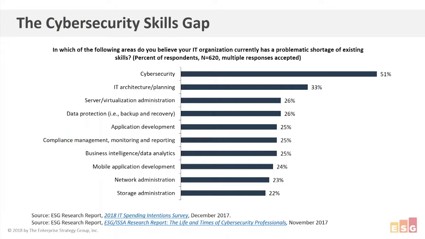And honestly, in the 6 years that we've been asking this question in our research, it has risen every year. And so there's really no end in sight for this skills gap. In addition to this, research from ESG and the Information Systems Security Association reveals that 70% of cybersecurity professionals believe that the global security skills gap has impacted their organizations.